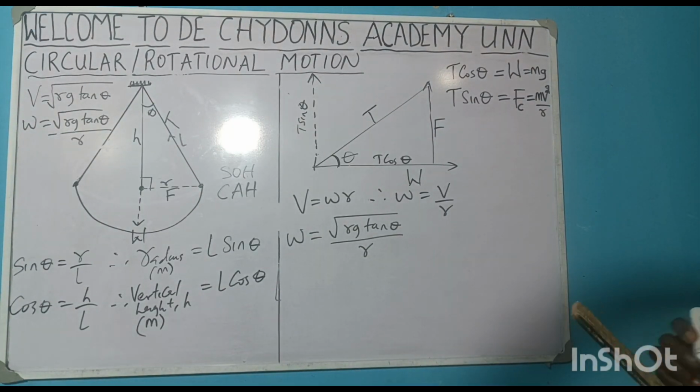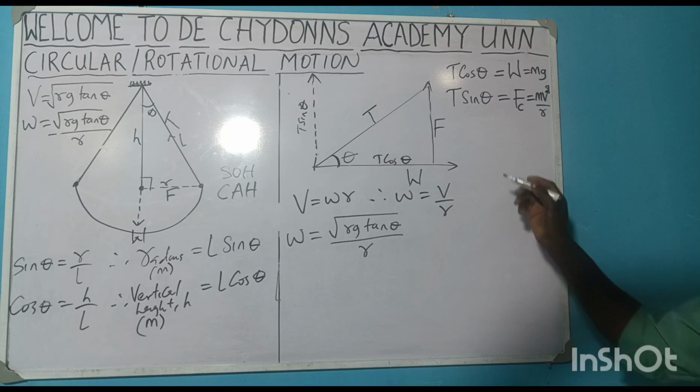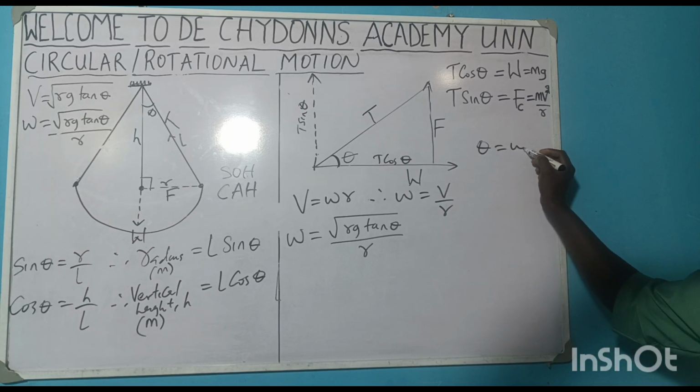Simple. Then another formula we need to get is the frequency and the period of a body that undergoes horizontal circular motion, or circular motion, so to speak. Now, remember that theta is equal to wT, where T is the period.